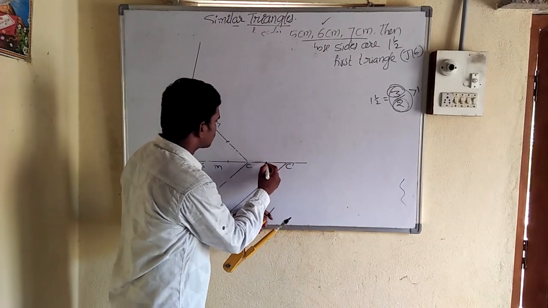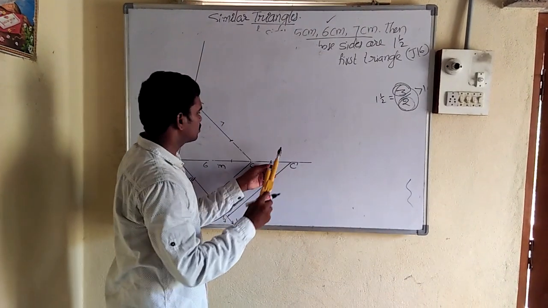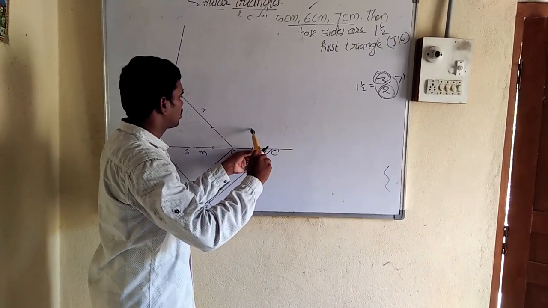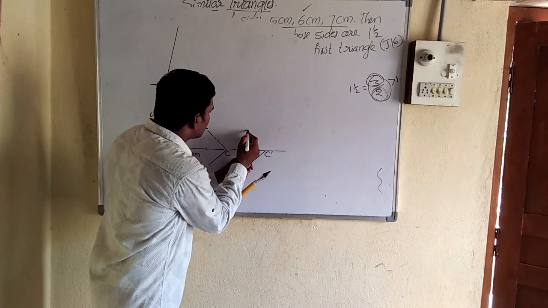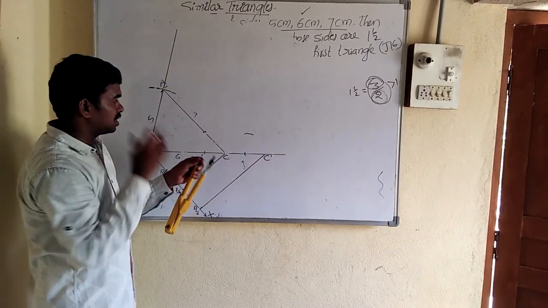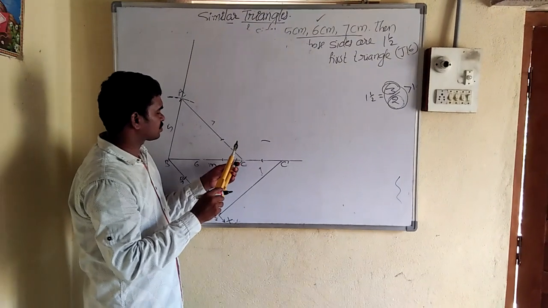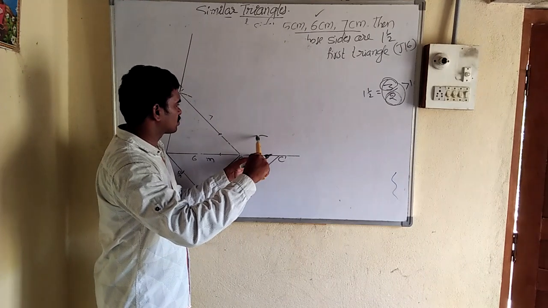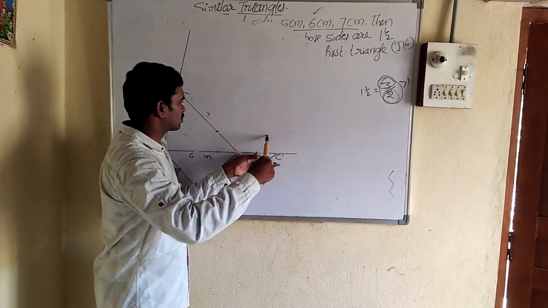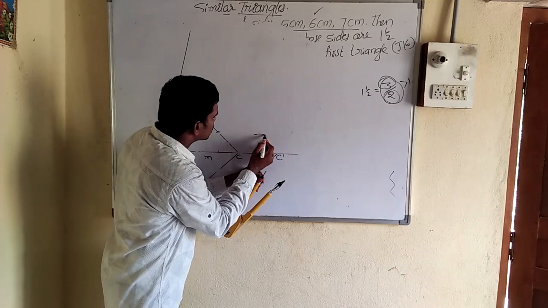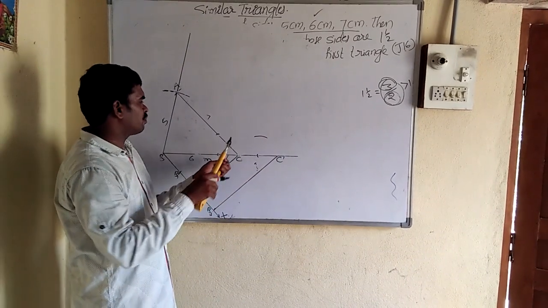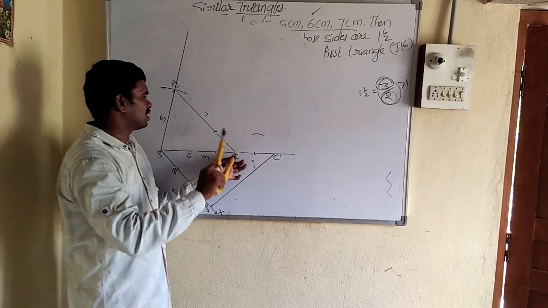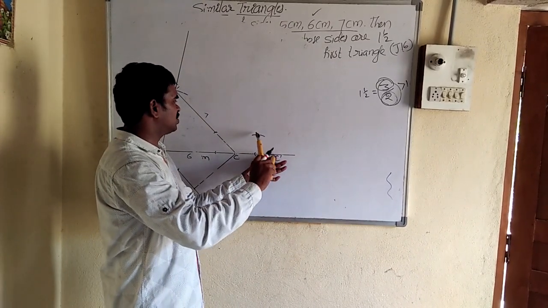Same, take from here also. Next, measure the distance from C to here, and measure the same distance from C dash to here.